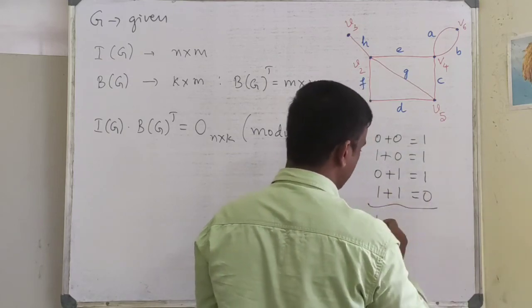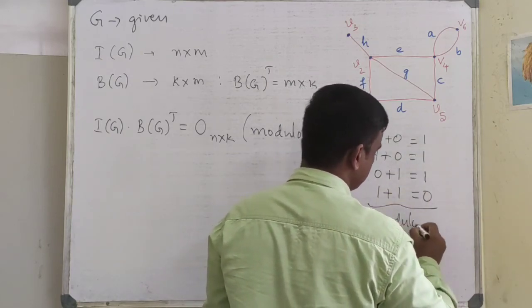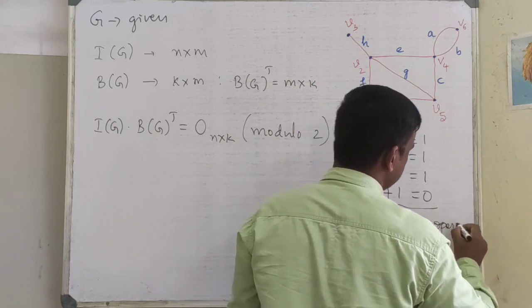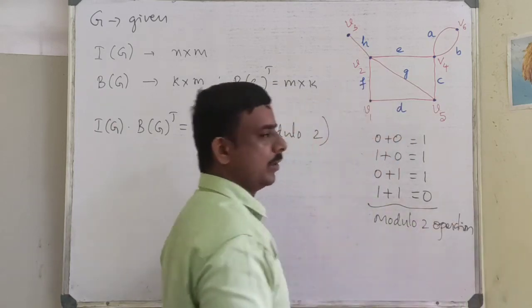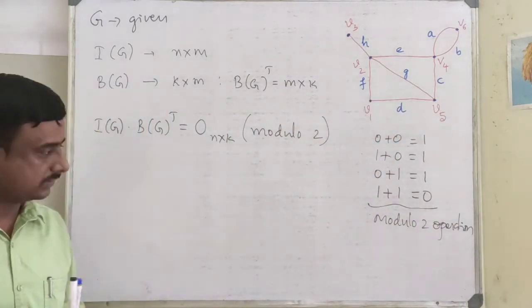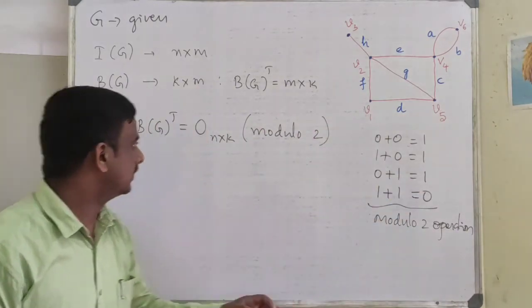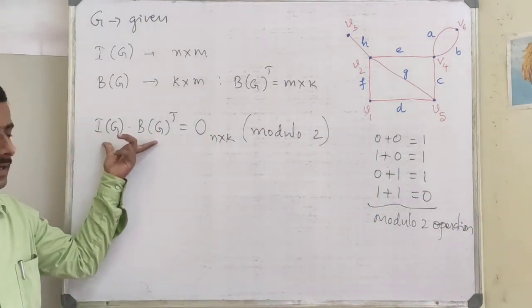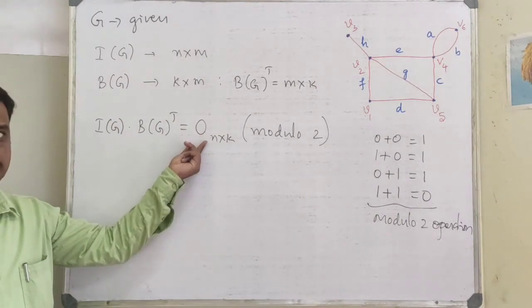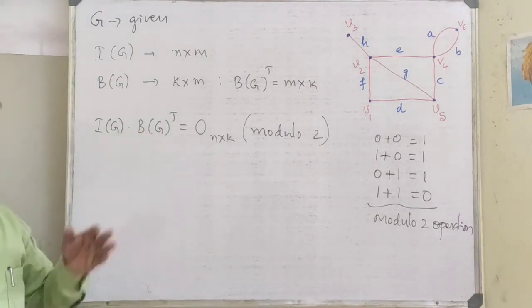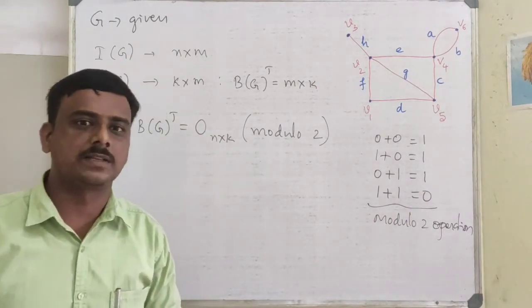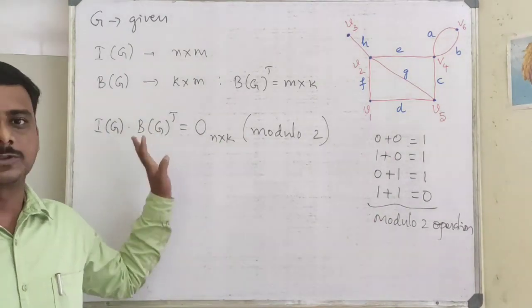This is the modulo 2 operation. With respect to this operation, if you take the product of these two matrices, you get a zero matrix. So this is one of the important theorems that connects the incidence matrix and circuit matrix of the graph.